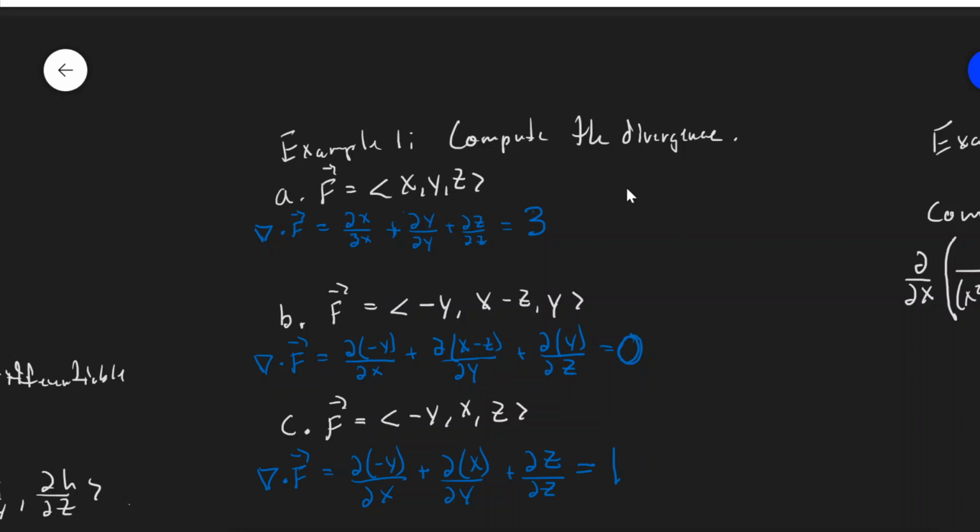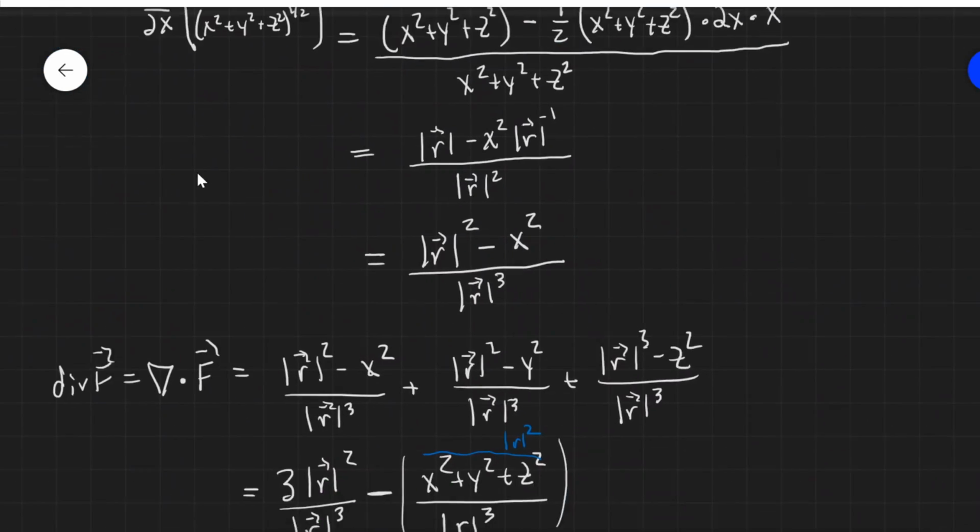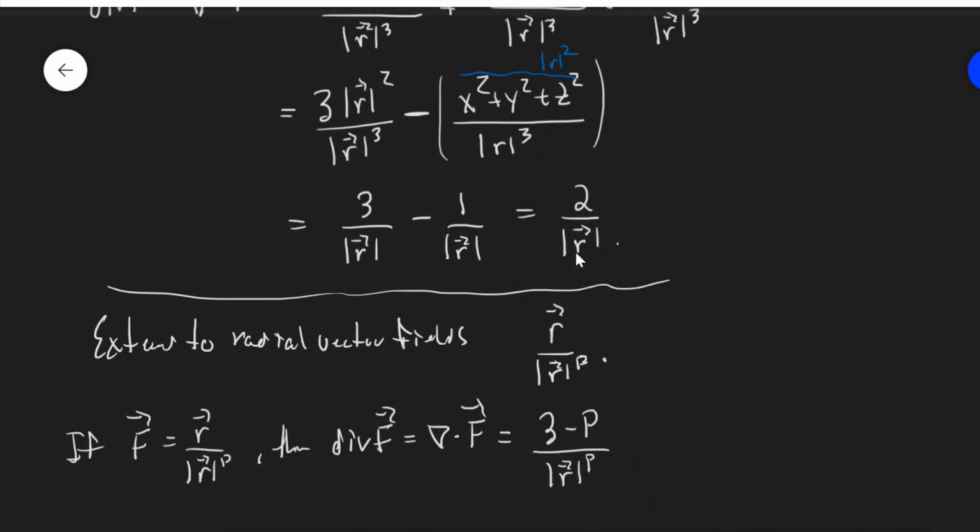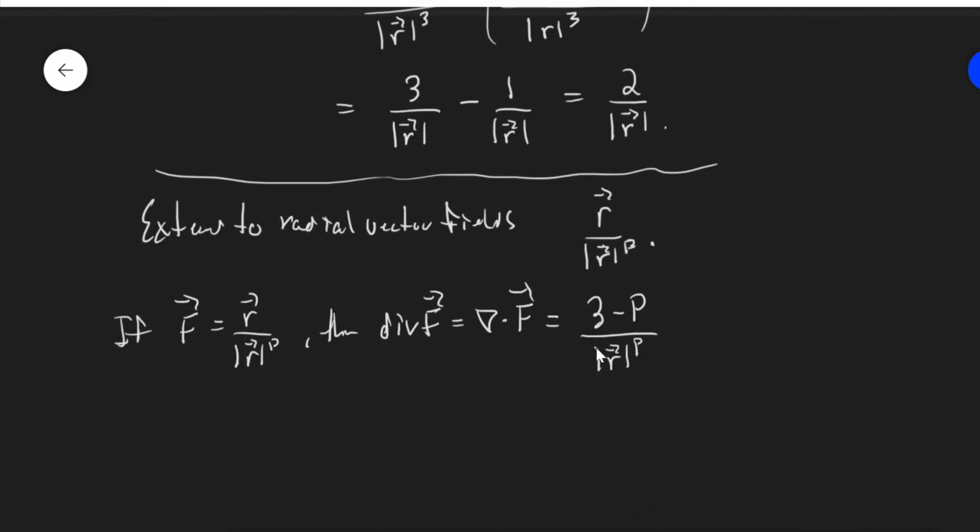And so that'd be 3 minus 0, that's 3, over magnitude r to the 0, that's 1. And so I just get out 3. So from 3 to 2 over magnitude r to, in general, 3 minus p over magnitude r to the p. And that's how we can deal with divergence of these radial vector fields. Pretty nice result. All right, join me next time where we'll take a look at curl.